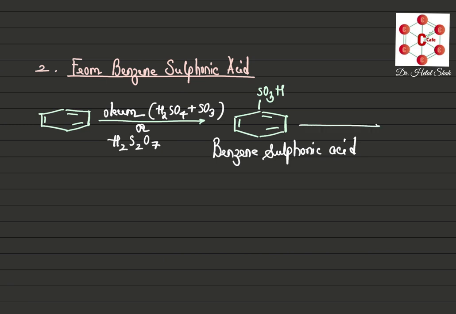This reaction is called caustic fusion. And how would that happen? You have to take NaOH solid and heat it. The reaction has a special name, as I've told you. This is called caustic fusion.